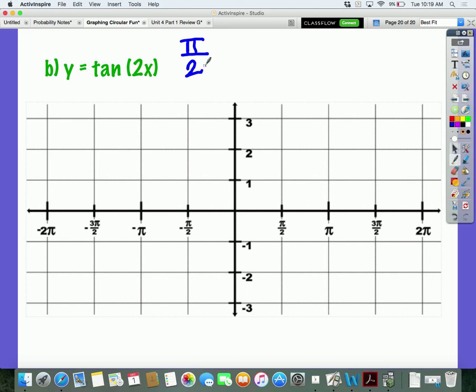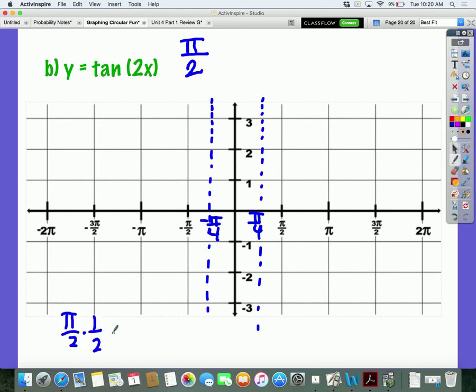So no longer am I going to have asymptotes at -pi over 2 and pi over 2. It's going to be halfway in between that: -pi over 4 and positive pi over 4. Because it's getting shorter, it's getting smaller. I'm multiplying all of my x values by 1 over b. That's where we got pi over 4 from.